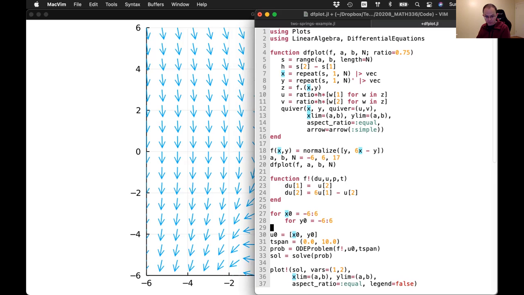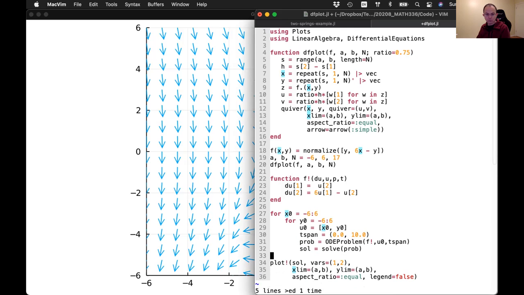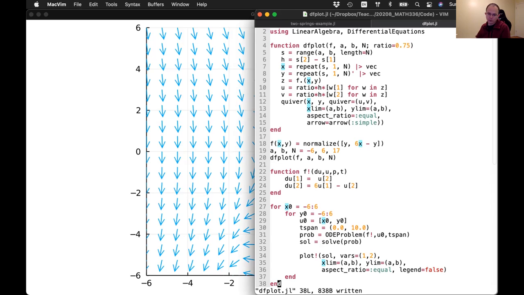And let's see. So I'm going to indent this stuff here. Oops. Okay, so this is going to add a bunch of stuff to our plots.